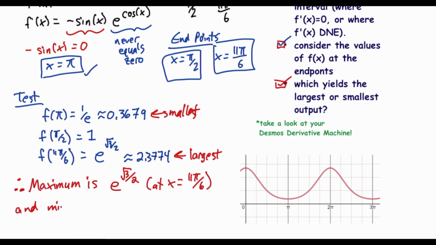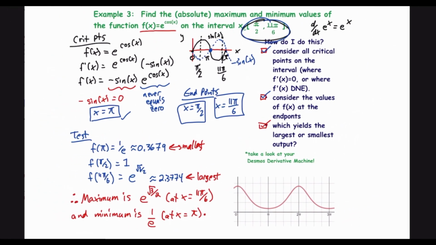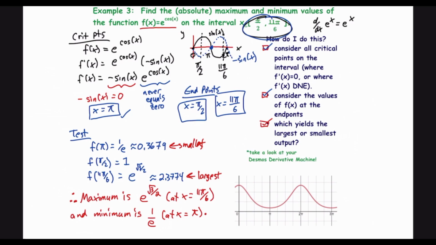And minimum is 1 over e at x equals pi. Once again, now would be a great time to pause and open this up in Desmos just to confirm that we're getting the values that we expect there.